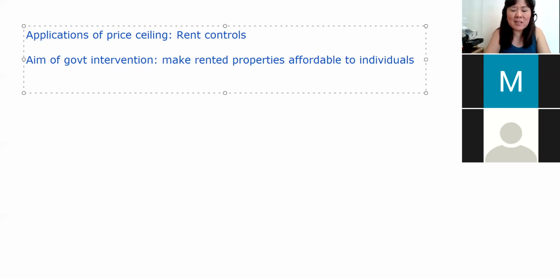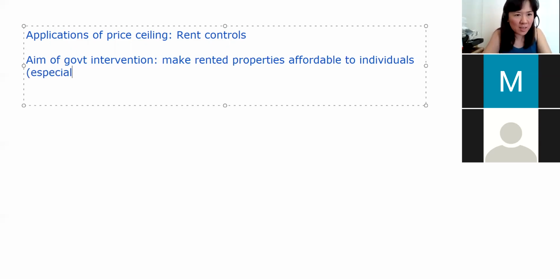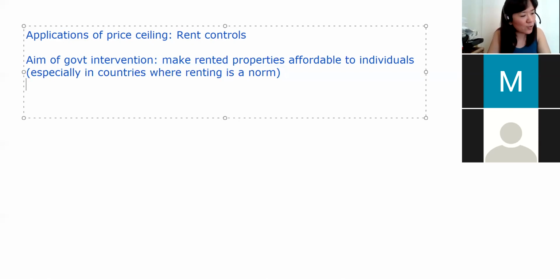And I would say that this is especially in countries where renting is a norm. Of course there are people who buy houses, but they may not have the means to buy it. So that's the thing.